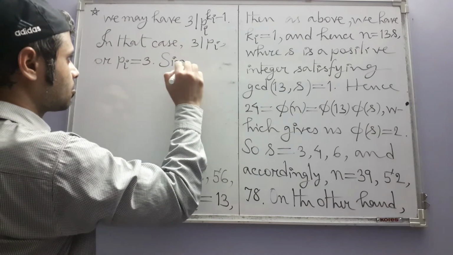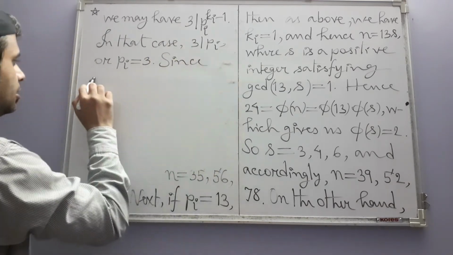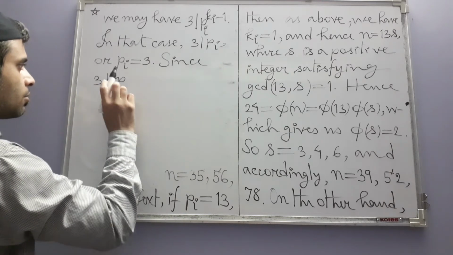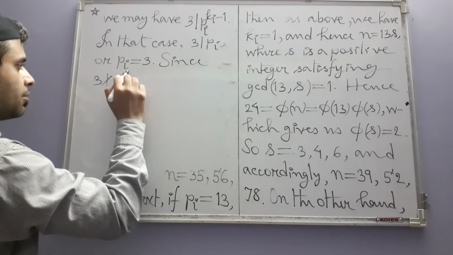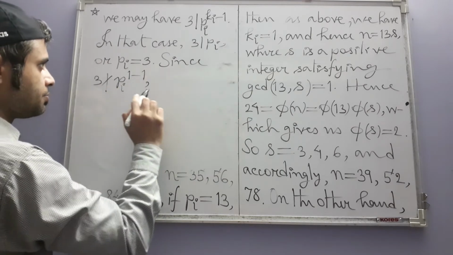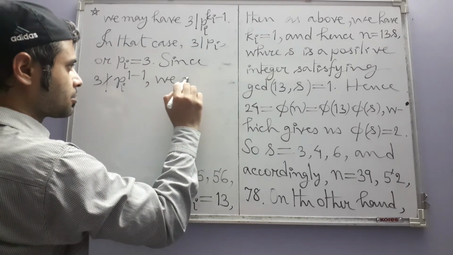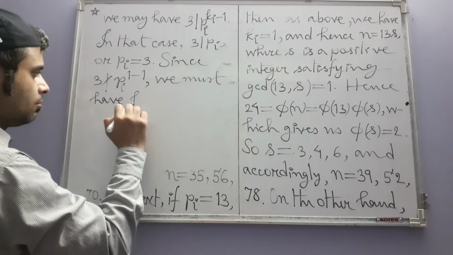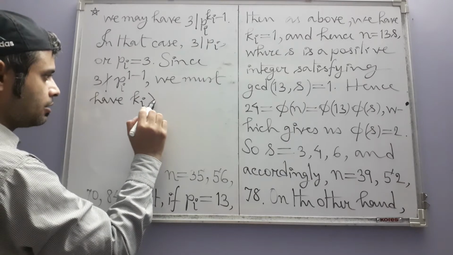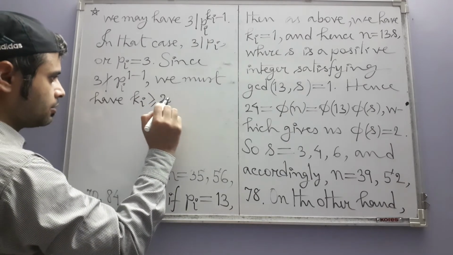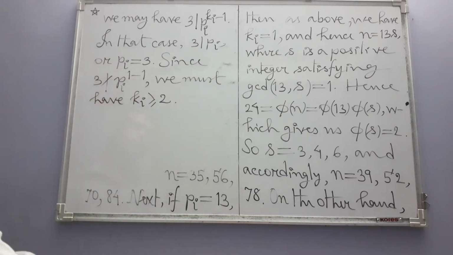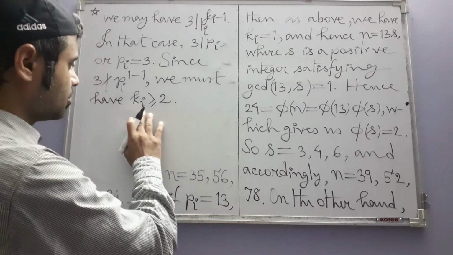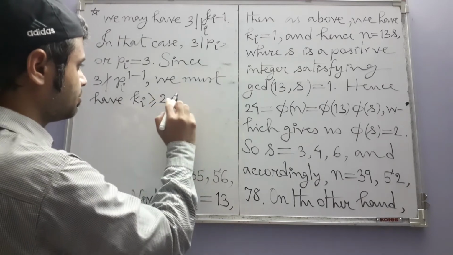Since 3 does not divide pi to the power 1 minus 1, we must have ki greater than 1, or the same thing, greater than or equal to 2. But ki may have a higher value than 2. That also we have to get rid of.